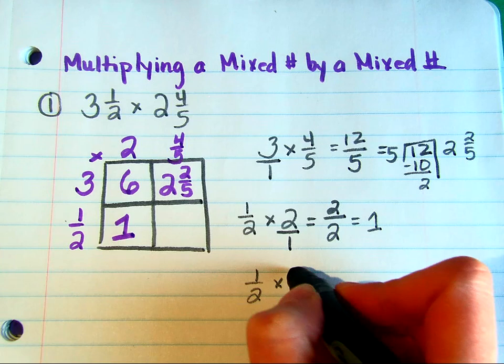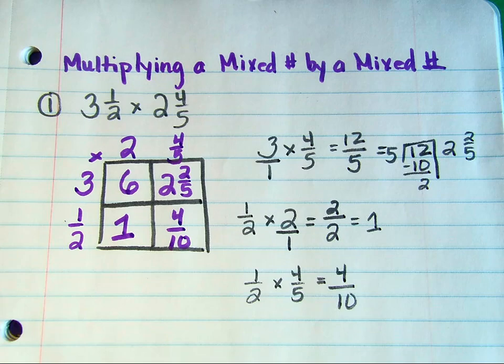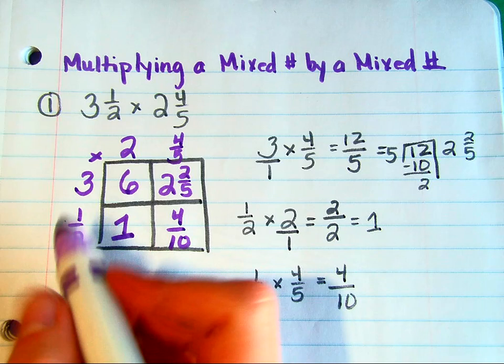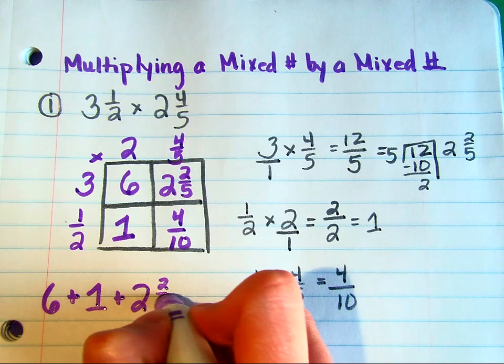In this box, I have all of the products that I have multiplied. Now I need to put all of these products together. So I'm going to use the operation of addition. So I have 6 whole plus 1 whole plus 2 whole and 2/5 plus 4/10.